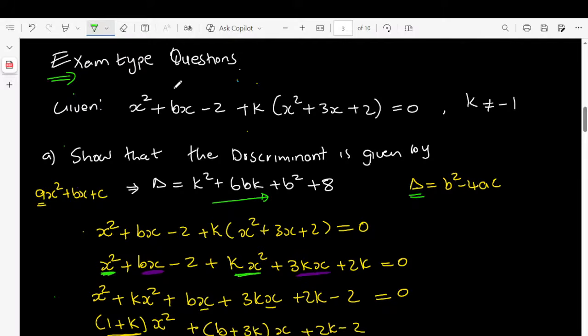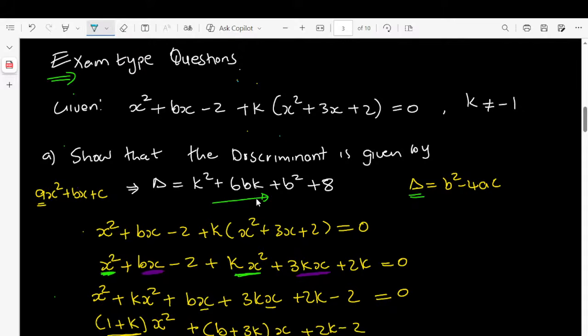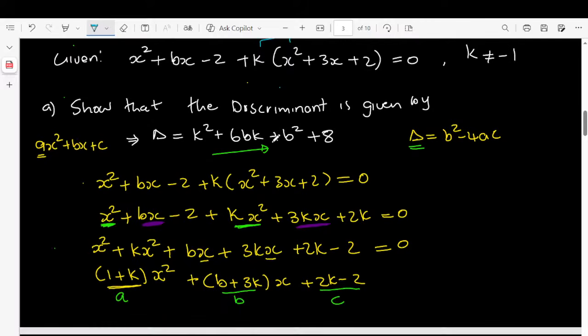One thing that I need you to learn here, the most important thing, is for you to be able to multiply out the bracket with k and also combine the like terms. I also need you to know combining the like terms like this so that you can take out the common factor. I need you to learn how to find the value of a, the value of b when the question is mixed up.